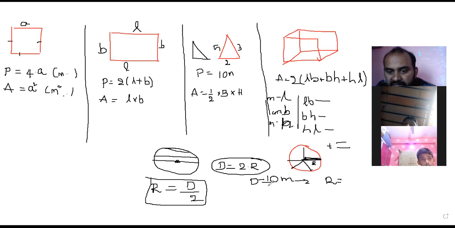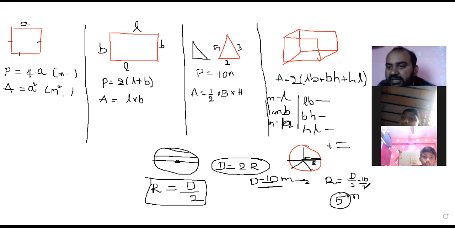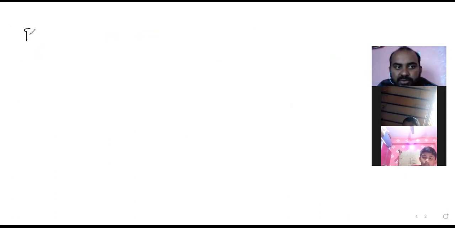Now here, the D value is 10 and we want the r value. D by 2 is 10 by 2, which is 5. So 5 meters is your radius. Similarly, they will give another problem, for example, a radius value of 2.5 meters.